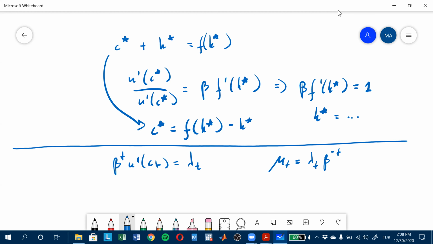So you put this on the other side, and then you have u prime ct equals mu t, right? So then your system becomes stationary even in mu as well, right?